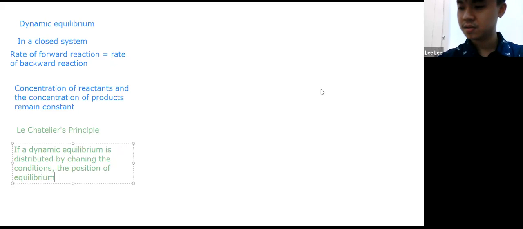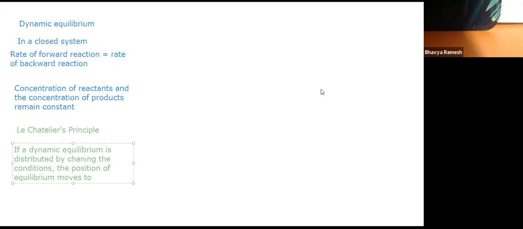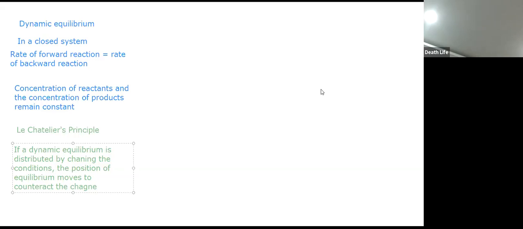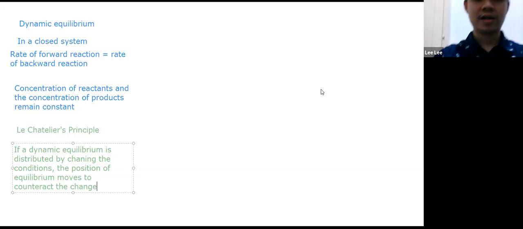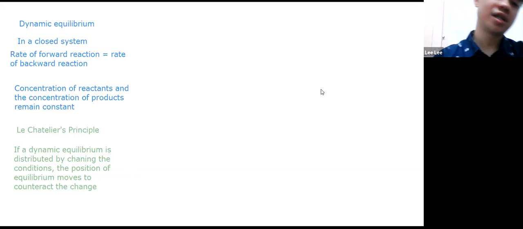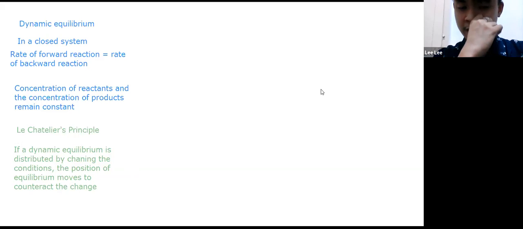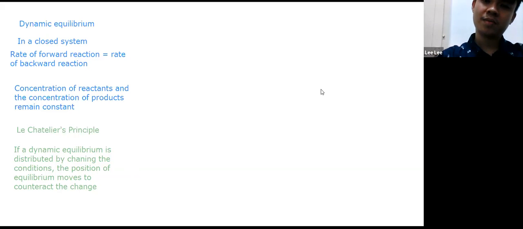So the dynamic equilibrium is disturbed by changing the condition. Changing the condition, and the position of equilibrium moves to counteract the change. Just to make it simple.